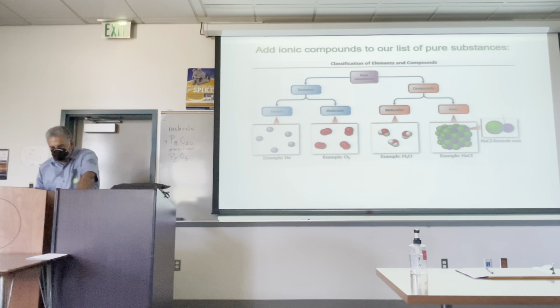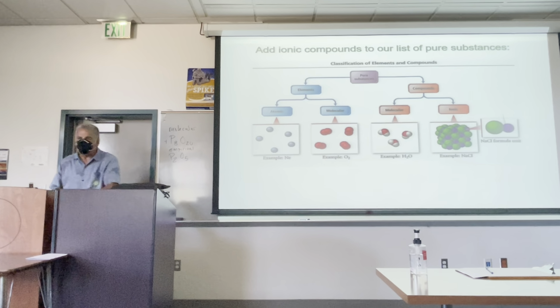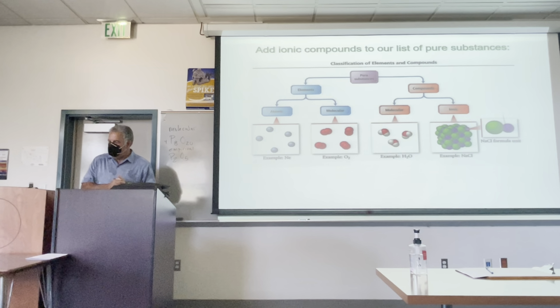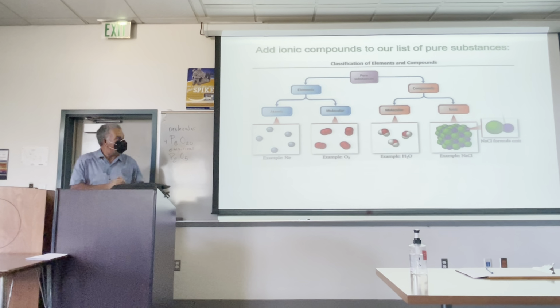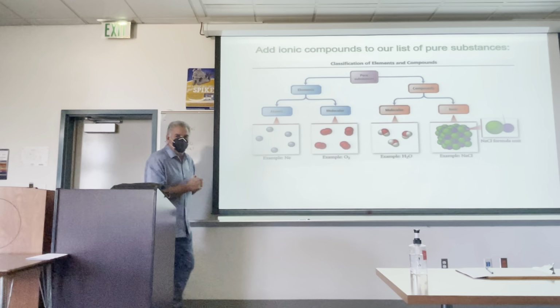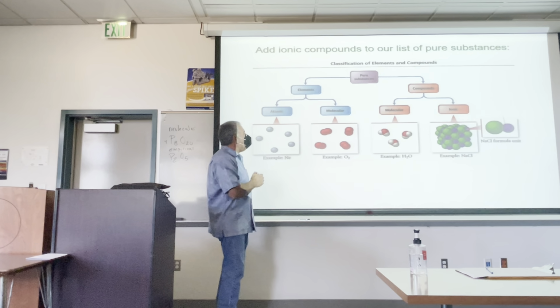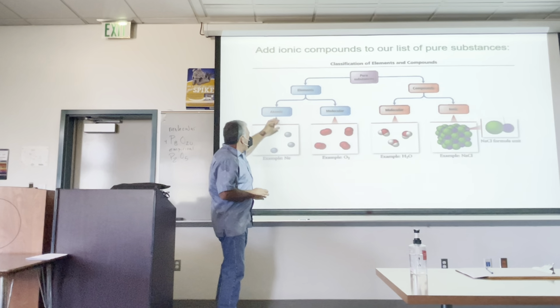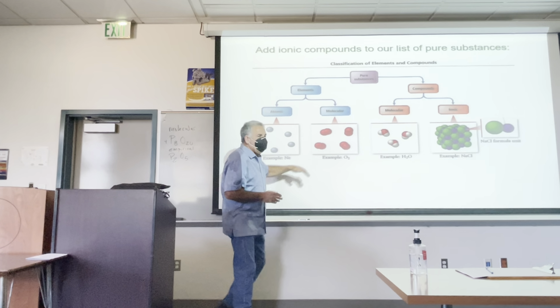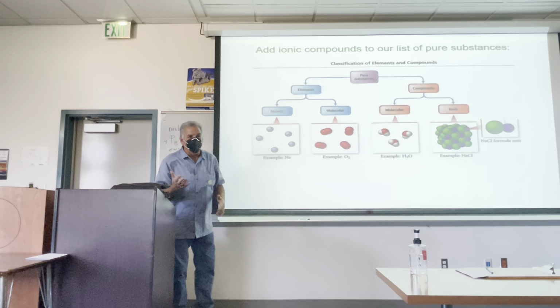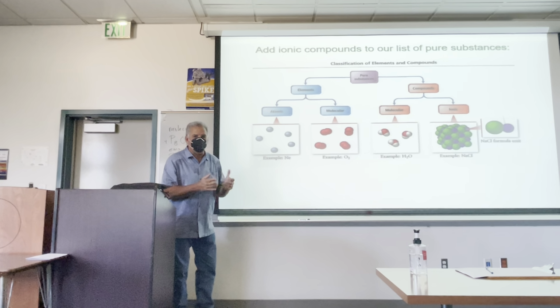All right, ionic compounds, right, which means cation and anion. We add to our list of pure substances. So remember how this works. The pure substances are either elements or compounds, and elements are either atomic or molecular, right? O2, there's 7 molecular elements that we should know. Have no fear of ice cold beer, right?